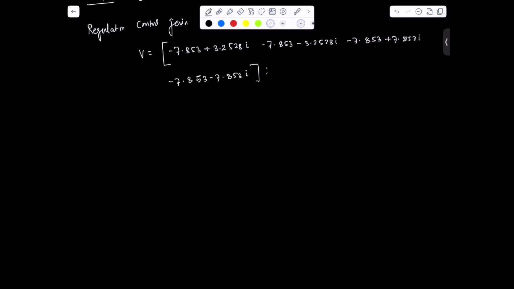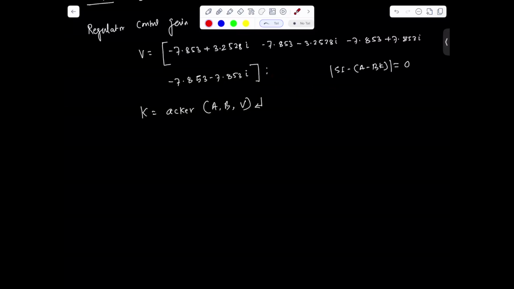So we can use the command K equal to acker(A, B, V). The mathematical derivation of this K matrix has already been done: you find the determinant of sI minus A plus BK equal to 0, and from this we find the characteristic equation, and both will be compared.